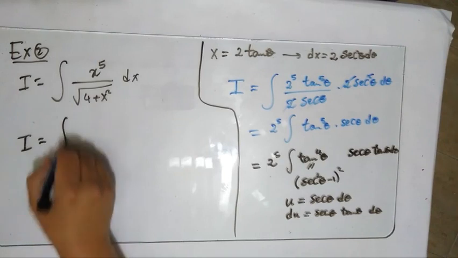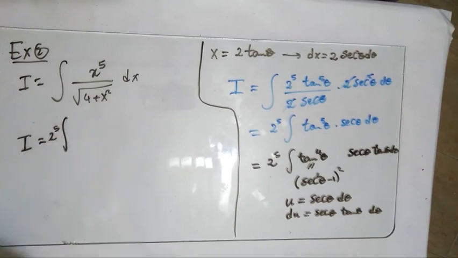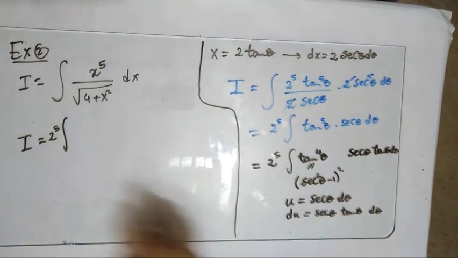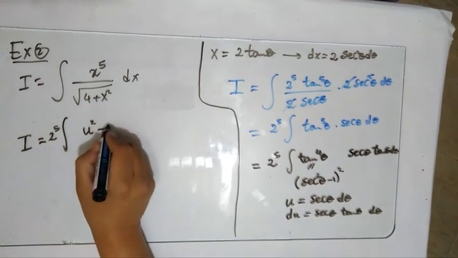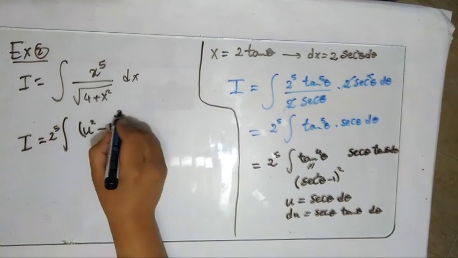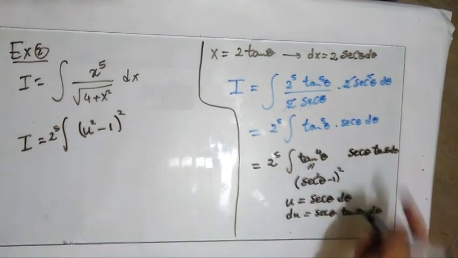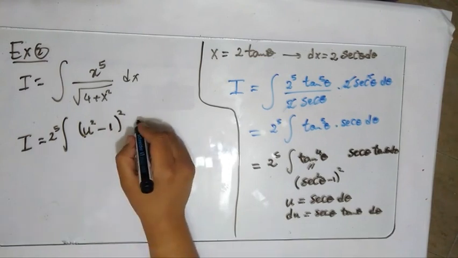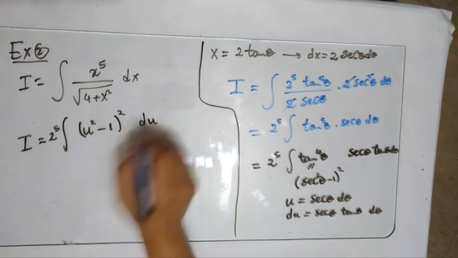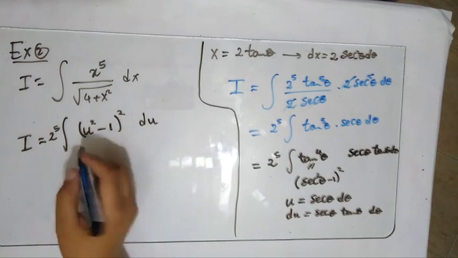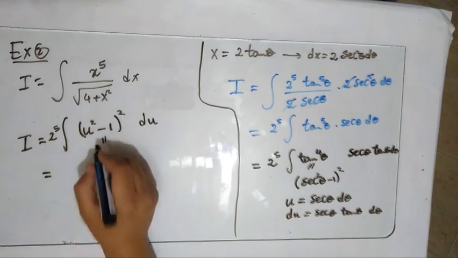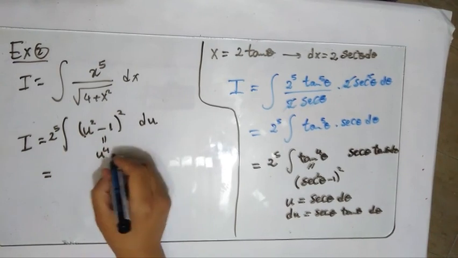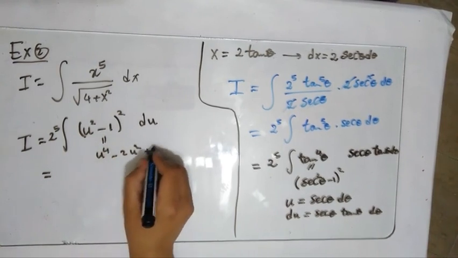So I will be 2 to the power 5 times the integral of, instead of sec squared, u squared minus 1, all squared, and then instead of sec theta tan theta d theta you will have du, and then easily you can solve this one, because this is the same as u to the power 4 minus 2u squared plus 1.